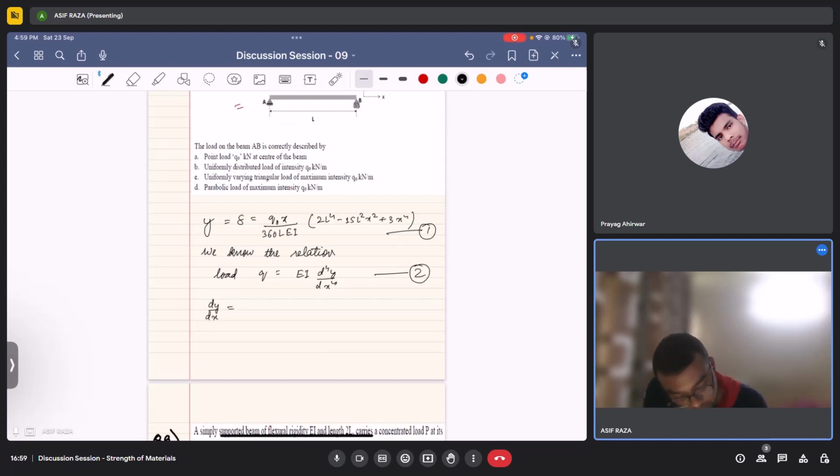It would be Q naught by 360 LEI times (L4 minus 15 L square x square plus 3x4) plus Q naught x by 360 LEI times (minus 30 L square x plus 12 x cube).